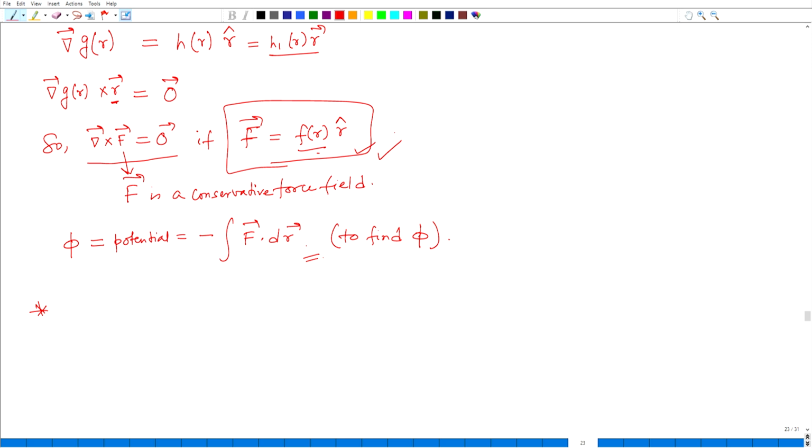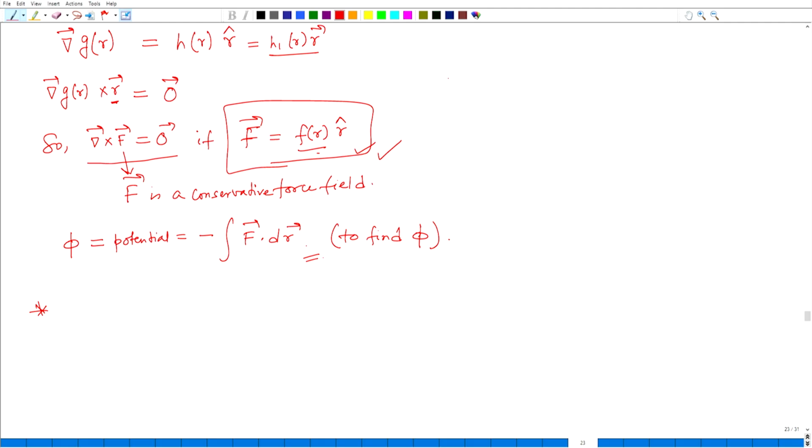For example, a particle which is gravitationally attracted by some other particle follows Newton's law of gravitation. Let us say you have a particle of mass m1, and some particle is situated at some distance r with mass m2.